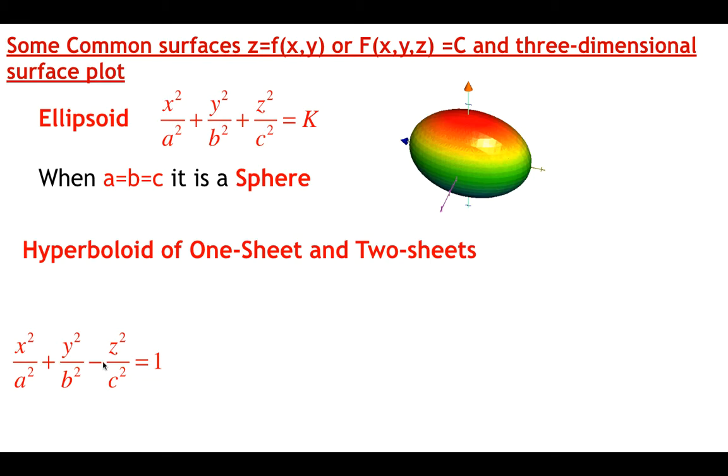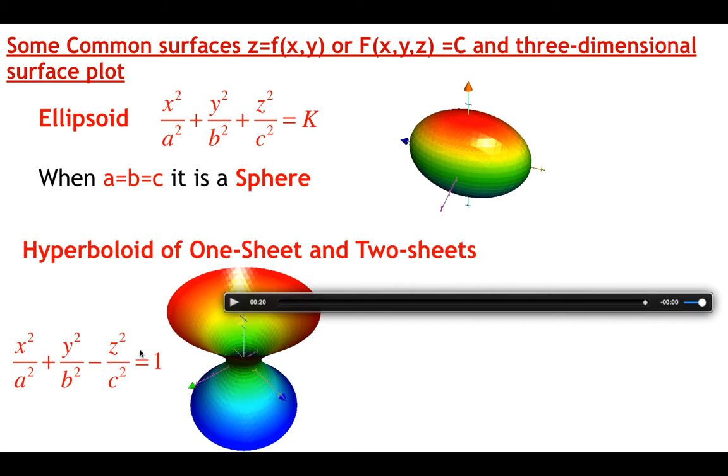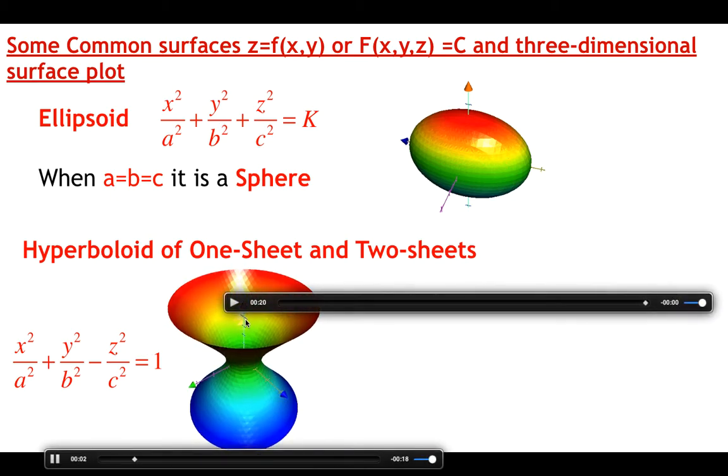The hyperboloid is open in the direction of the variable which has a negative sign linked to it. So this equation is for a hyperboloid of one sheet, where the hyperboloid is open towards the z-axis.